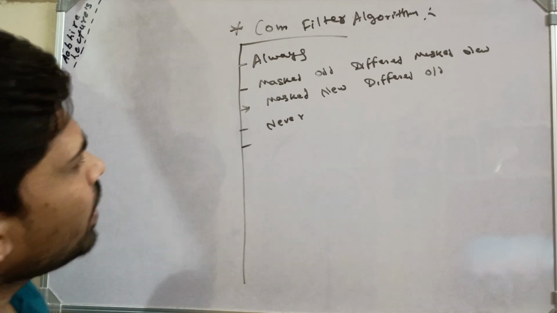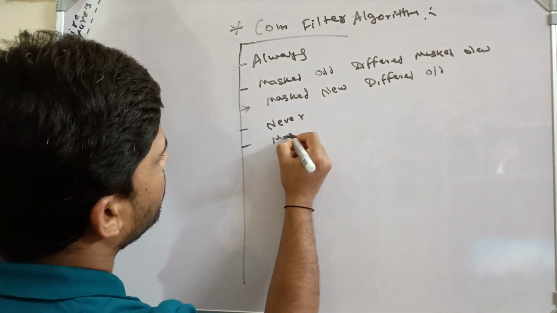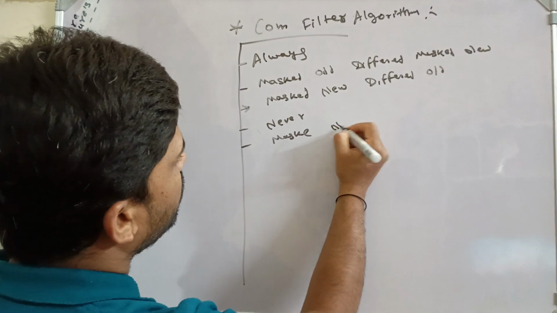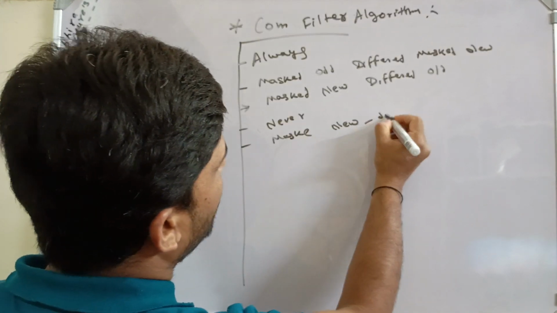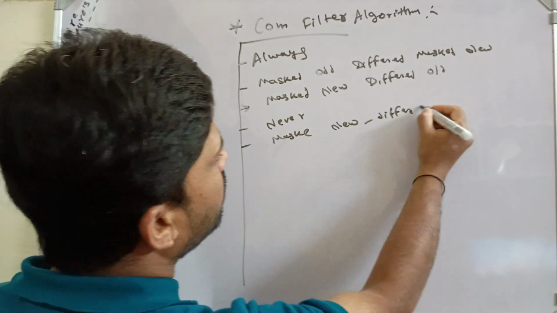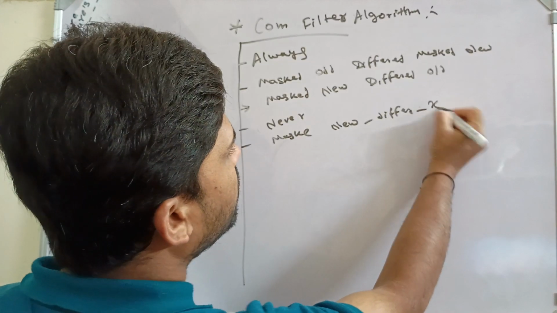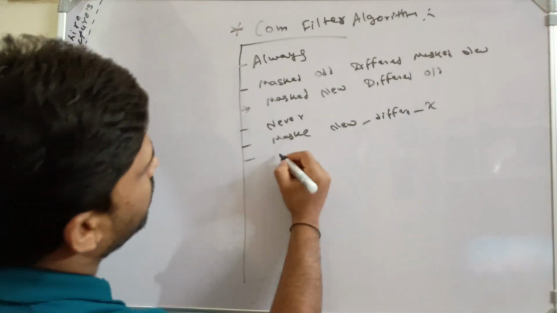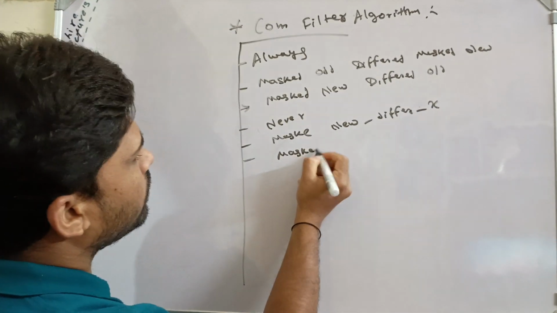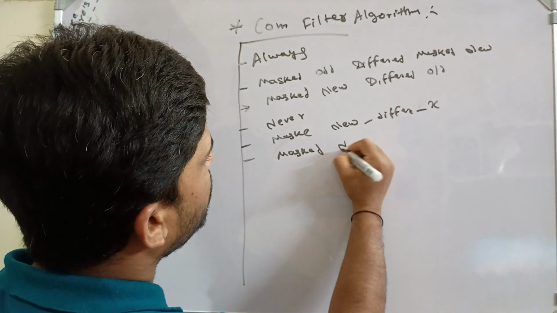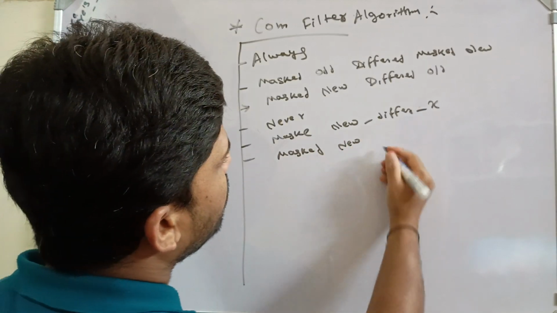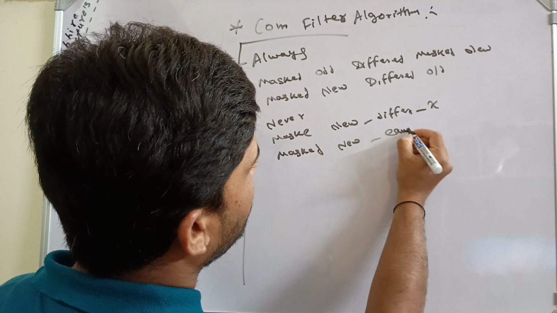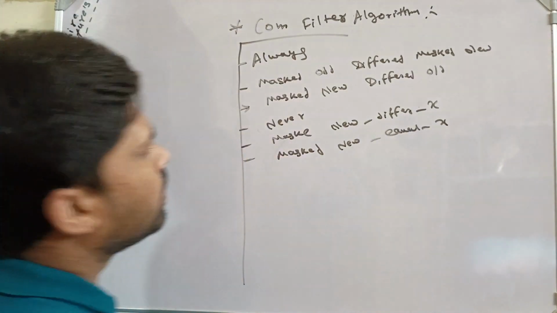Next is mask new differ x, then mask new equals x. So these are the parameters which we have to configure.